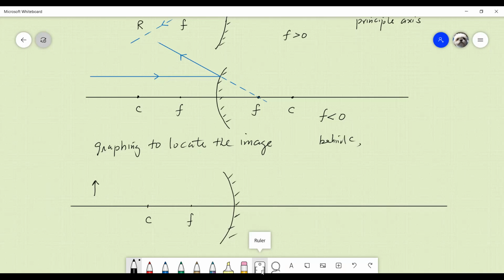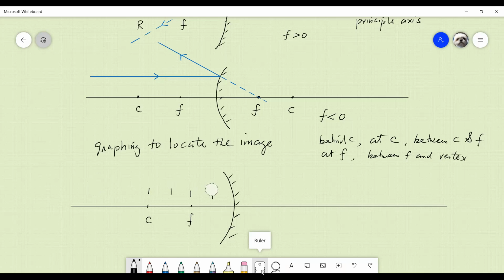At C. Between C and F. And then at F. Or in front of F, that will be less than F, or you can say between F and the vertex. Now, for each of them, the image has different behavior.